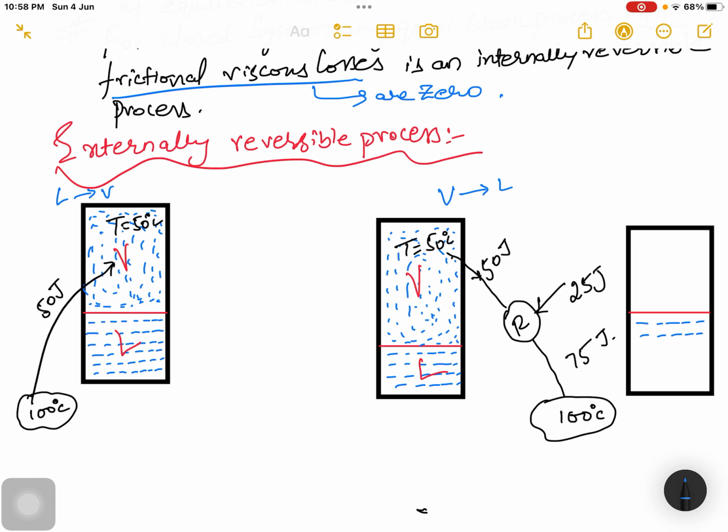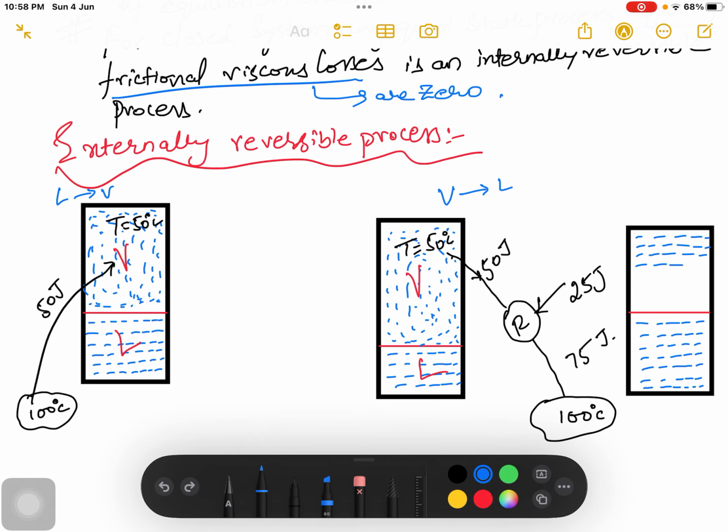This is the case of an externally irreversible process. Sorry.